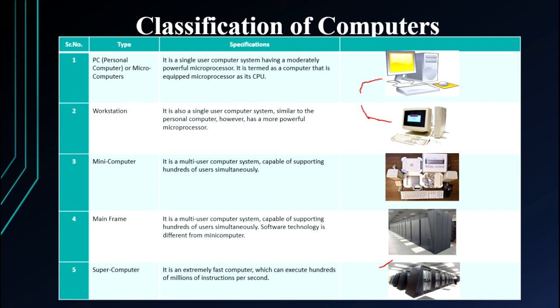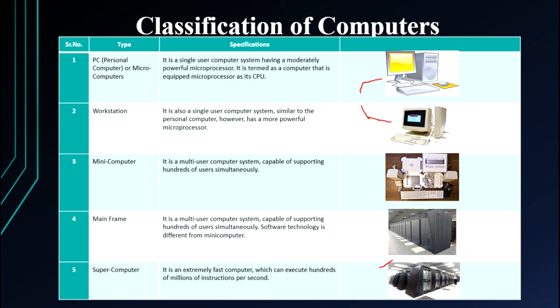Then next is our minicomputer, which is a multi-user computer system capable of supporting hundreds of users simultaneously. Next is our mainframe, which has the same characteristics as our minicomputer, but is much bigger and much more powerful. Okay, so mainframe computers are used in the servers of companies like Google, Facebook, and other big companies.